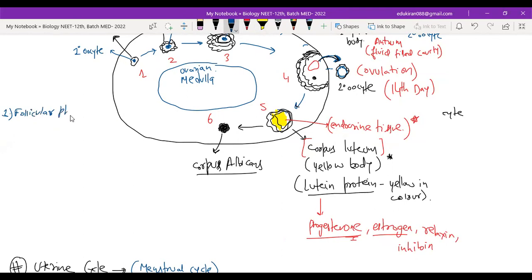So write down, the ovary has an outer cortex and an inner medullary region.